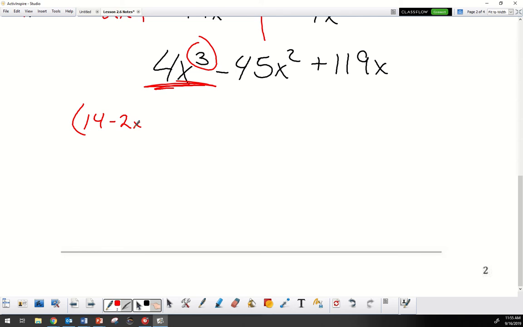You could write on your actual note paper. And we have 8.5 minus 2x, and my last one's x, right? So I'm going to do the zeros of this, because that's what we did on Thursday, right? We did zeros.